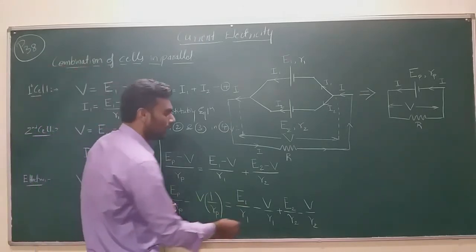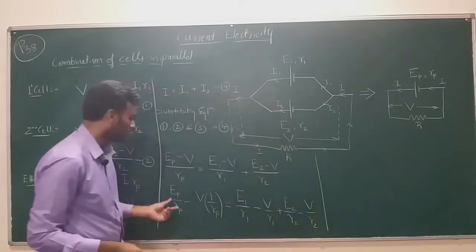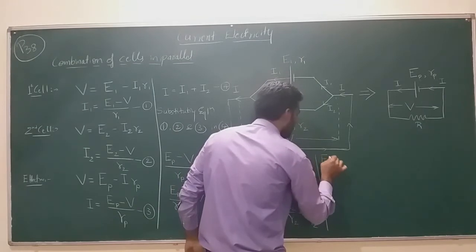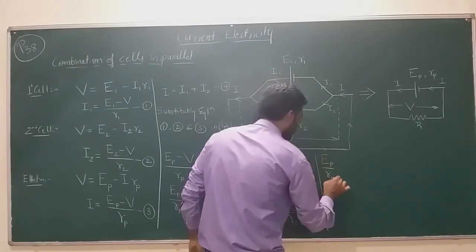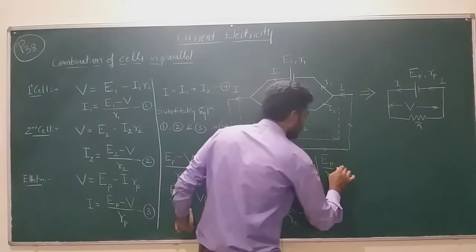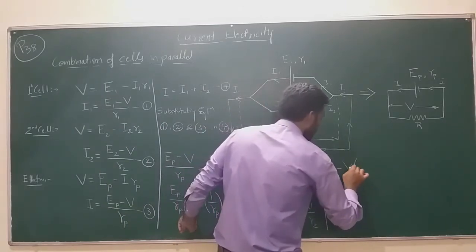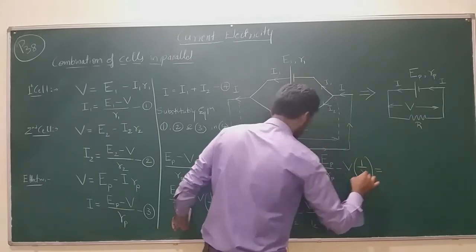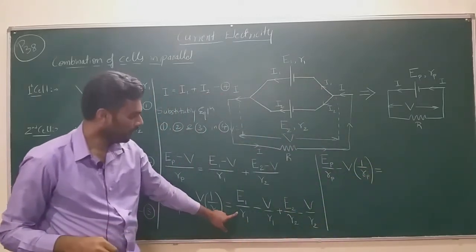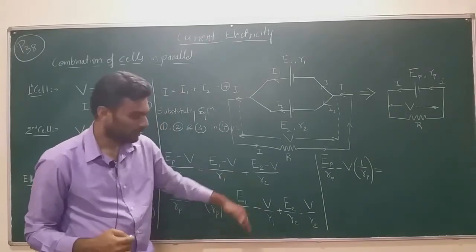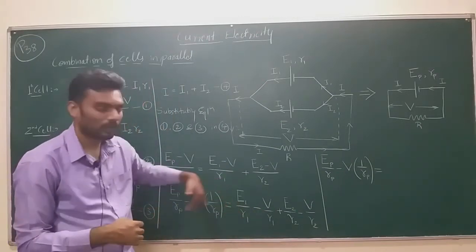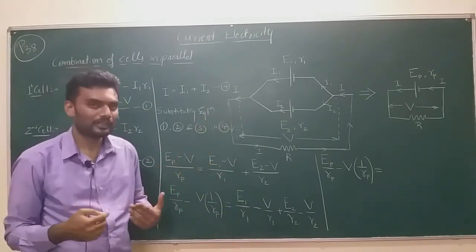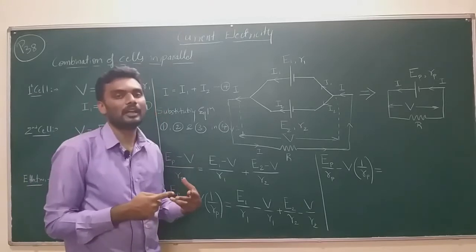Now we have the LHS of the expression given by EP by RP. So I will write EP by RP minus V times 1 by RP, which is equal to, now look here, let me group a few terms so that I get a similar format in both LHS and RHS and get the expression for EP. Our intention here is to get the expression of EP and RP.